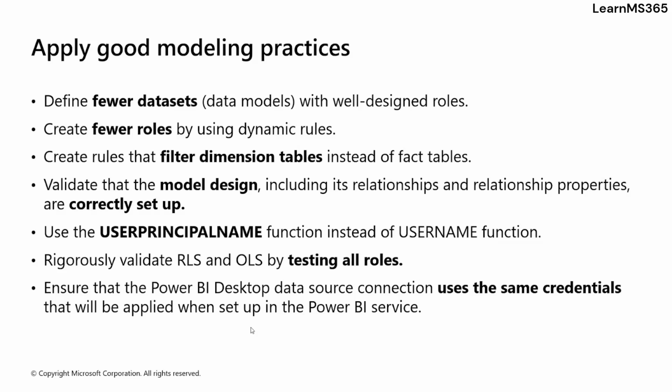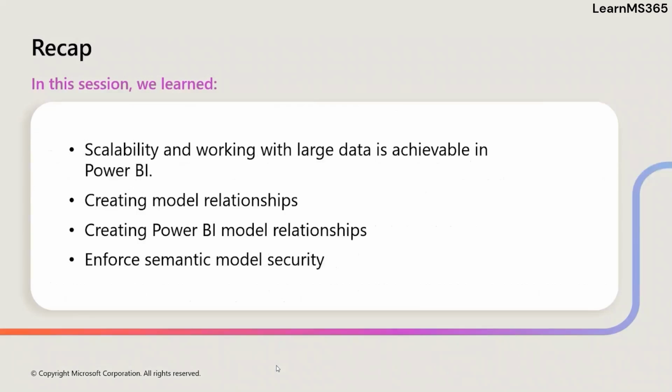Now, with that, we have come to the end of today's session, and let's recap what we have learned. In today's session, we learned different terms, technologies and features. First, we learned about scalability and working with large data, which is achievable in Power BI.